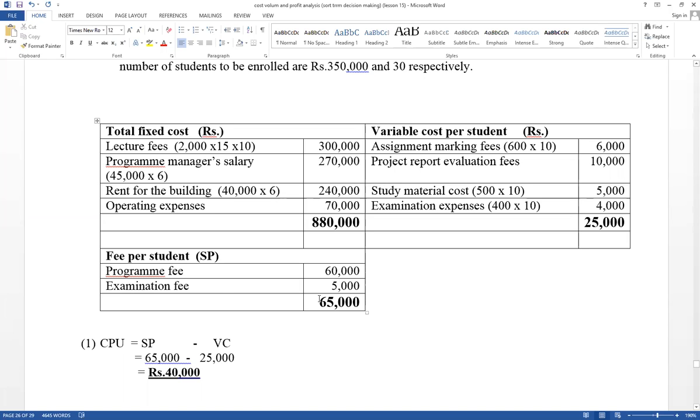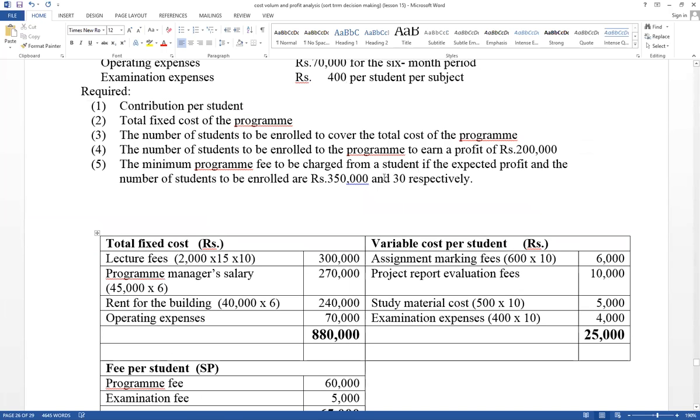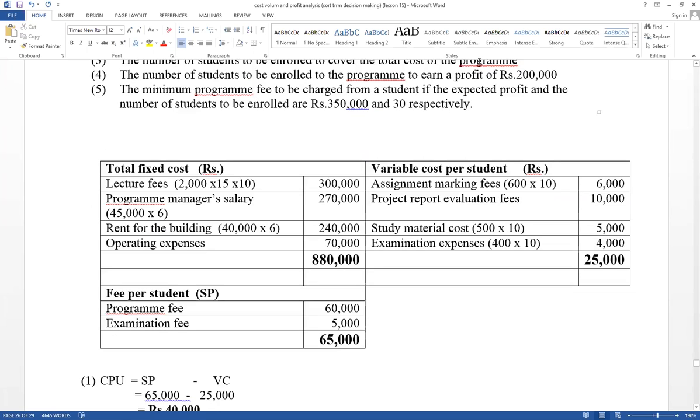Then the program fee can be calculated. Profit should equal 350,000, with 30 students participating. This is the minimum program fee, which means part of the selling price.